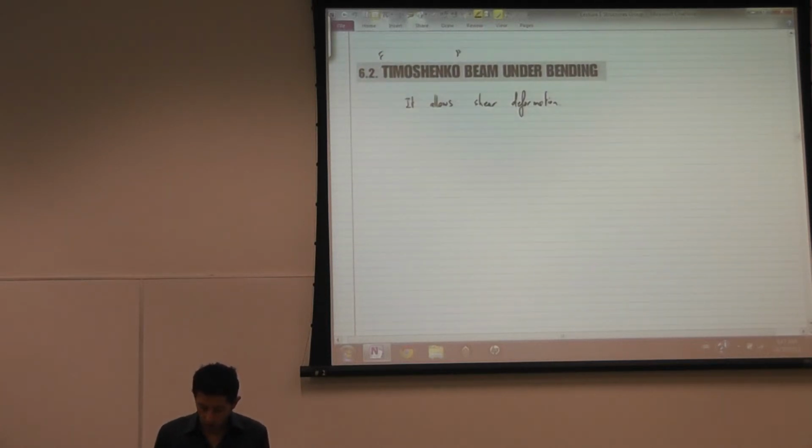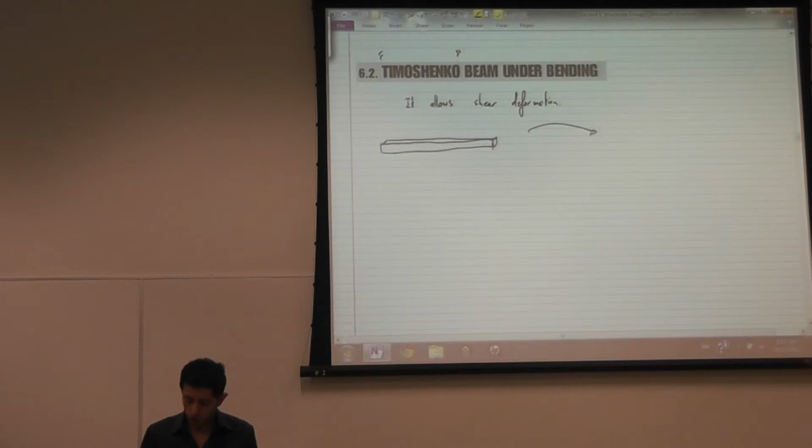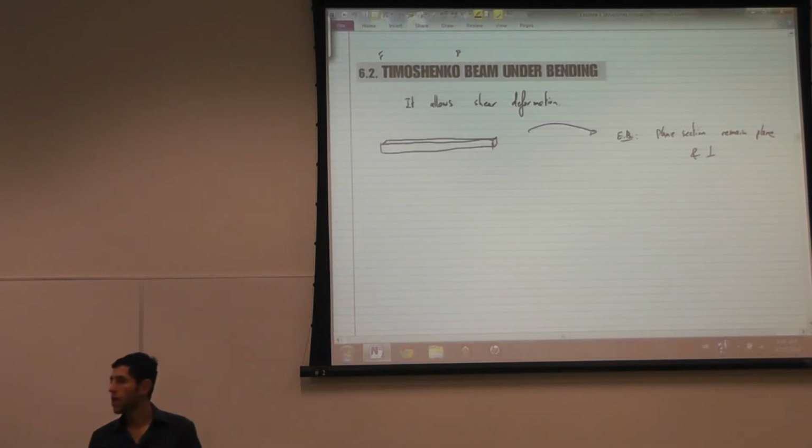So if I have a very slender beam, then really the assumption that plane sections remain plane and perpendicular, as in Euler-Bernoulli, applies to any slender beam.